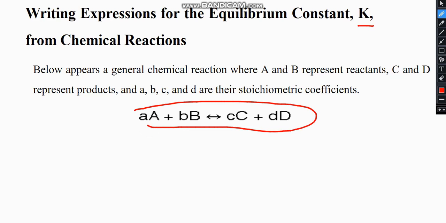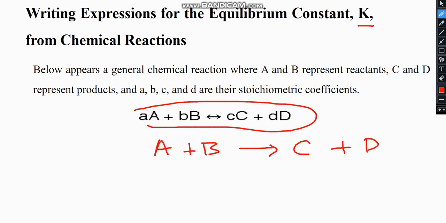This chemical reaction has capital letter A and capital letter B. These are representing the reactants, while capital letter C and capital letter D are helping us to know the products.